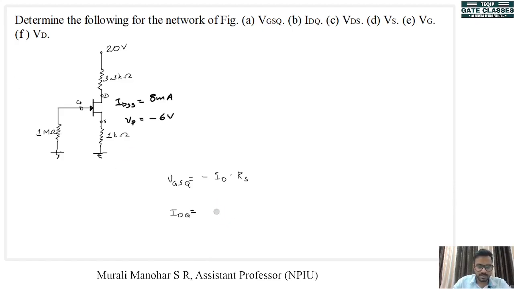Let's substitute the values. IDSS, which is 8 milliampere, into 1 minus VGS minus IDRS divided by VP, which is minus 6 volts, to the whole square.